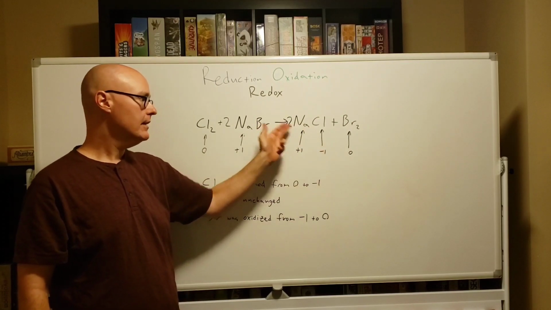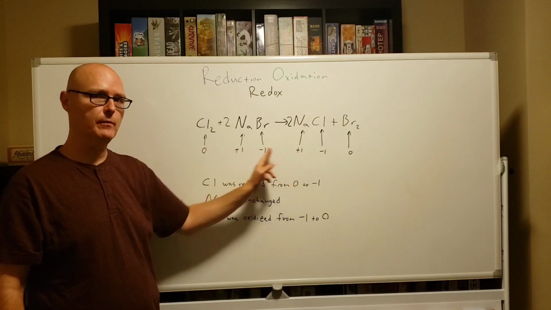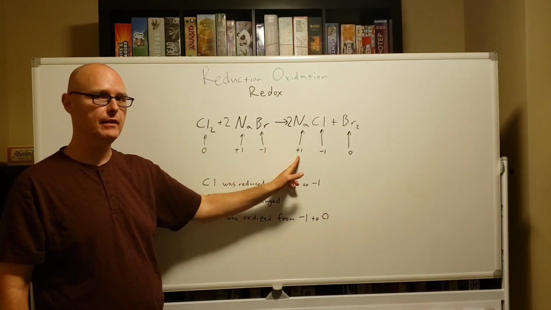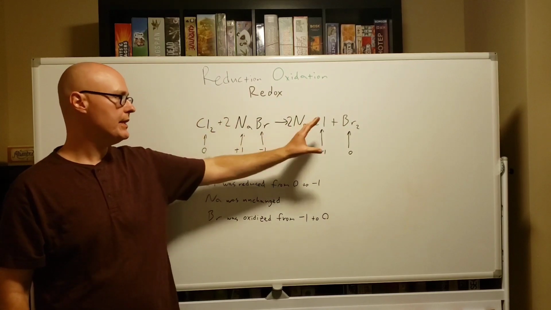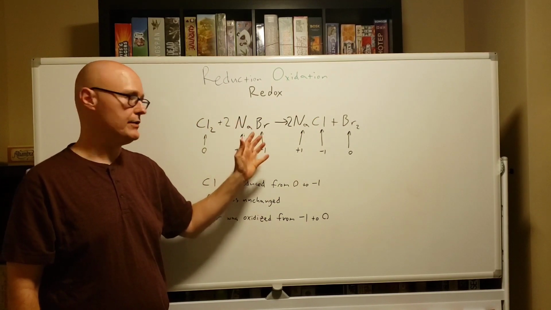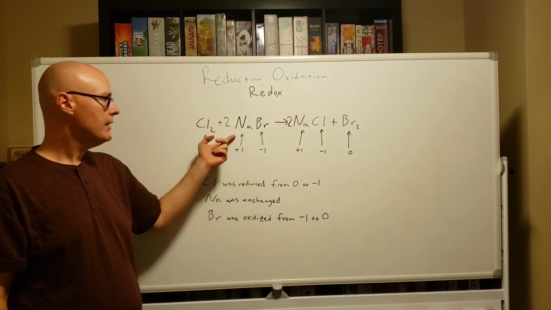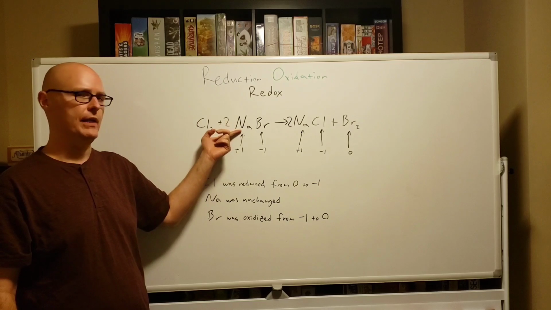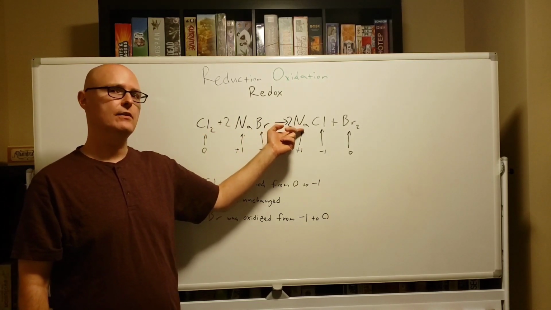Okay, so yes, it's true that the sodium had the same oxidation number from here to here, but in the process of going from here to here, the sodium might have undergone many different transformations. And this sodium is not necessarily exactly the same as that sodium, right?